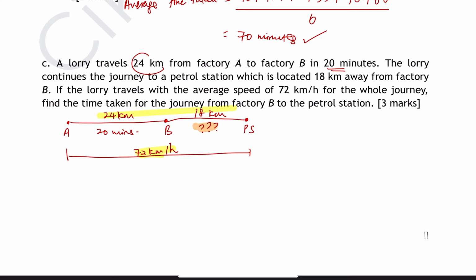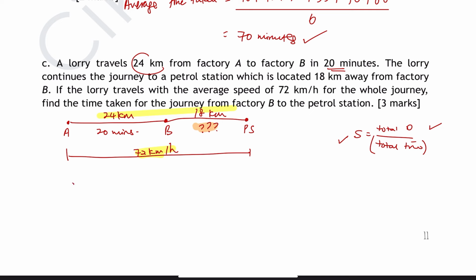Because you actually know that to get your speed, you need your total distance over total time. Okay, you already are aware about the total distance and also the speed. So you are actually looking for your total time, and after that you can just minus your 20 minutes away from the total time that you have found.